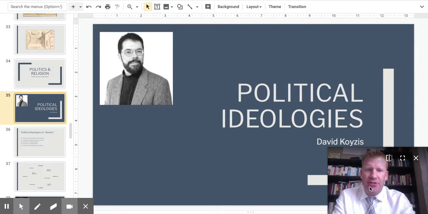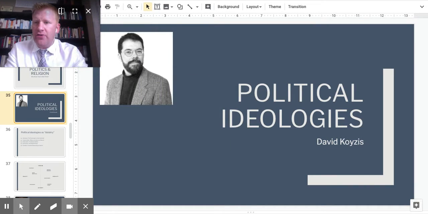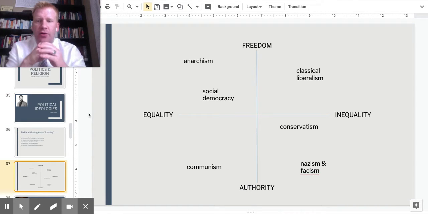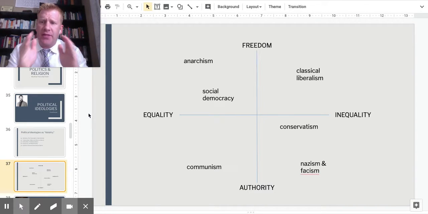Political Ideologies, part two. Today I'm going to explain just a little bit more this spectrum. It's not a left-right spectrum. It's really got four major quadrants, and you can see what are the major ideologies or really government systems in each one of them.